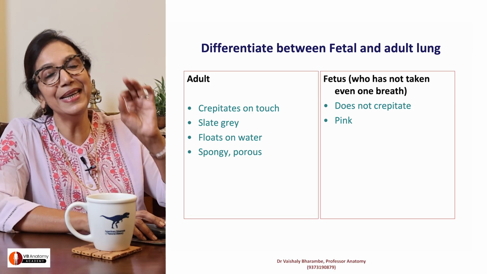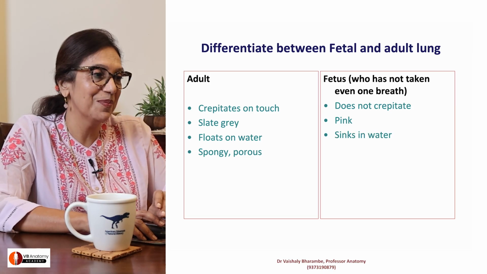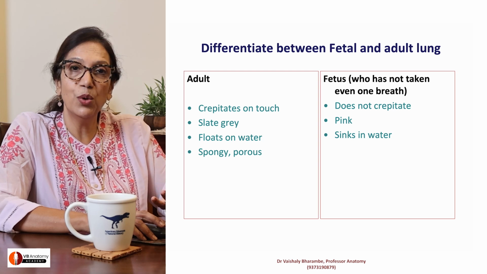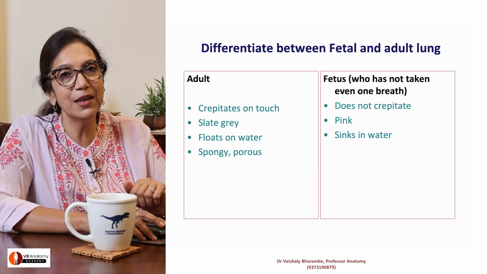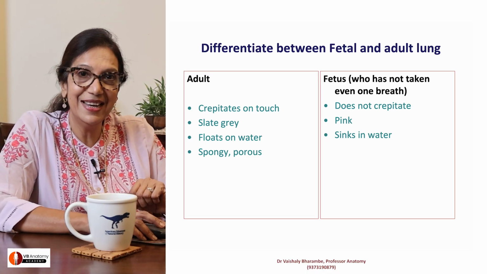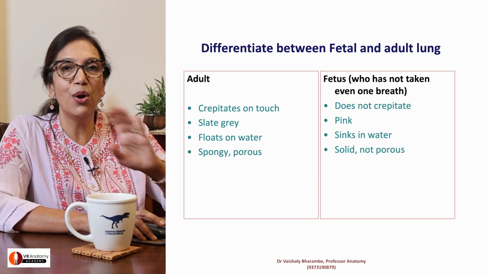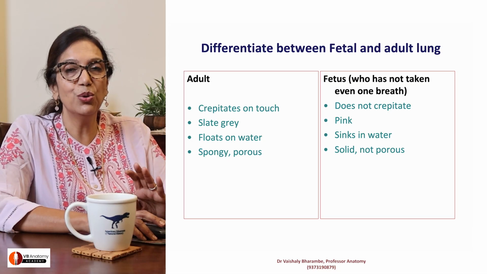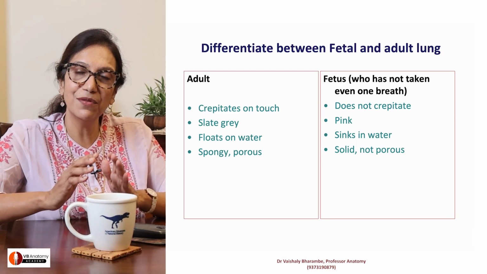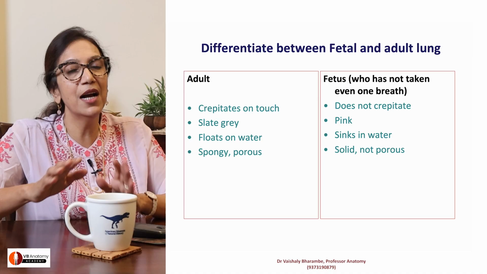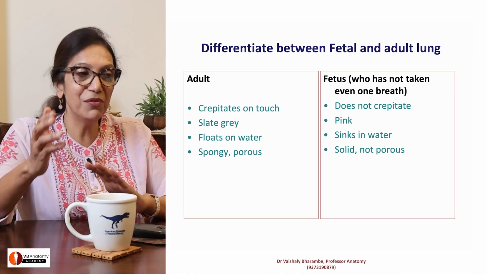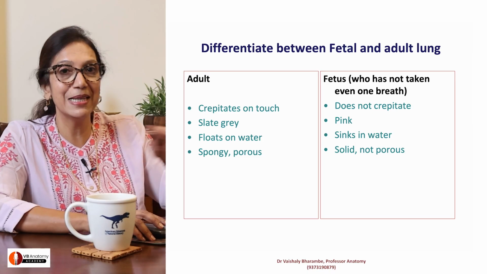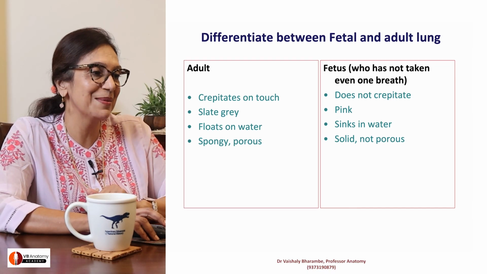Babies' lungs are pretty pink in color. Does it float in water? No, it sinks in water. Why does the baby's lung sink in water? No air in it, right? It is solid, it is not porous. So the moment the baby takes the first breath, the lung changes forever. The before and after moments are sometimes seen here also in the lungs.